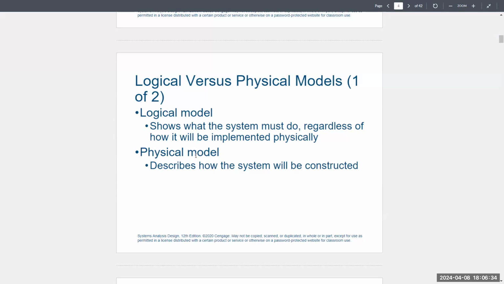And doesn't talk about how, right? That's the main difference between the logical and the physical. The physical talks about how will it be done, how will the system be constructed. And as part of the analysis phase, we're mostly focused on the logical, right? But we kind of transition from the logical into the physical by the end of this analysis phase.